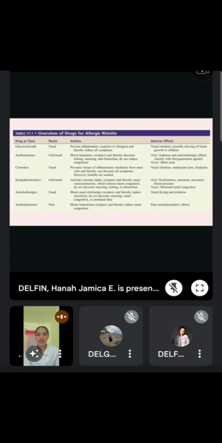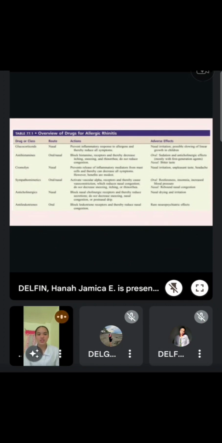Preparation, dosage, and administration. For the treatment of allergic rhinitis, cromolyn sodium is available in a metered dose spray device that delivers 5.2 milligrams per actuation. The usual dosage for adults and children over 2 years is 1 spray, or 5.2 milligrams, per nostril 4 to 6 times a day.